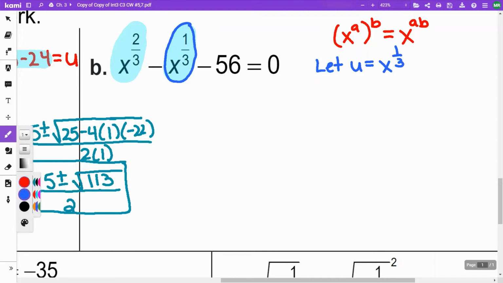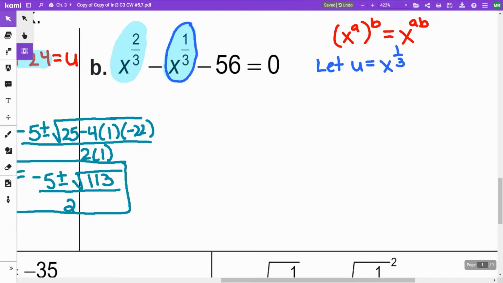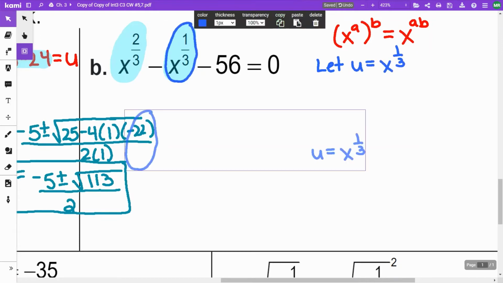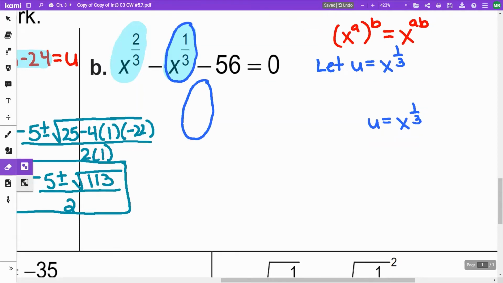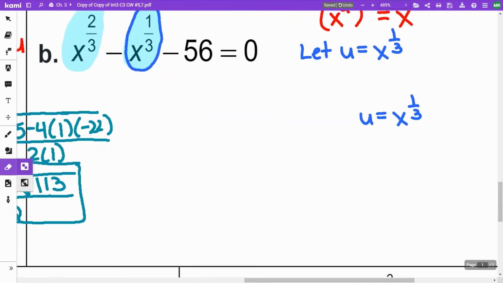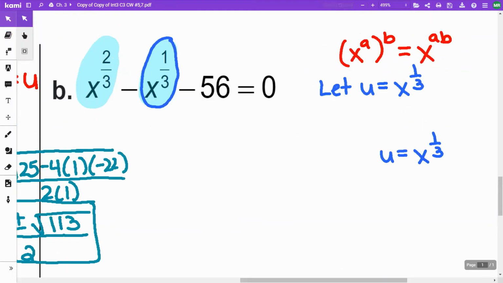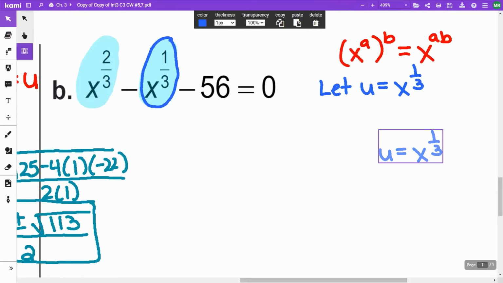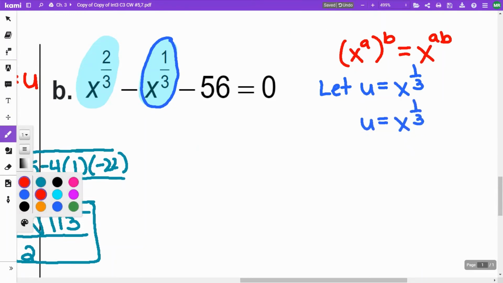Then what I'm going to end up doing, let me just copy this. So I can just copy the blue here. Okay, so what I'm going to do is I'm going to take this u equals x to the 1/3 and I am going to square both sides. I am going to square this and I'm going to square this.